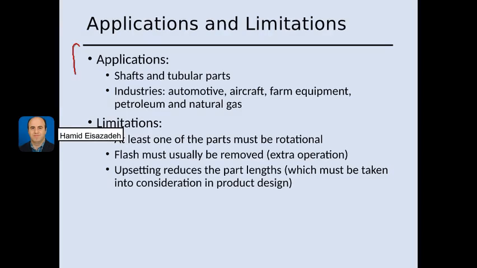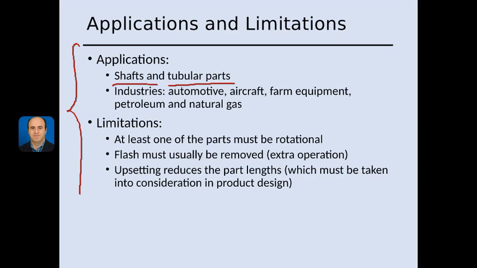Here are the applications and limitations of friction welding. Shaft and tubular parts are good examples for this process. They can be processed easily. If you want to use other parts, it can be done, but the way that you run the process is different.